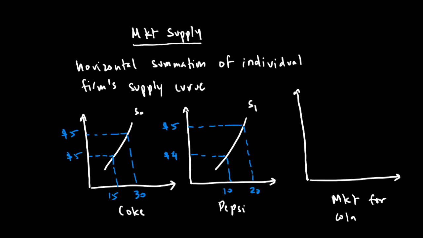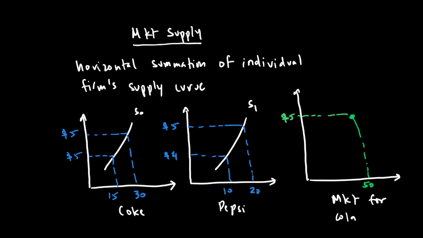So what's the horizontal summation going to look like? For $5, the market is making 30 plus 20, which means the market is making 50. That's one point on my market supply curve.